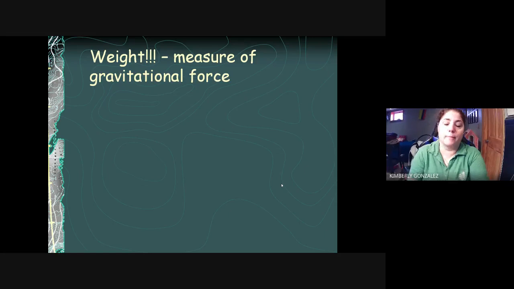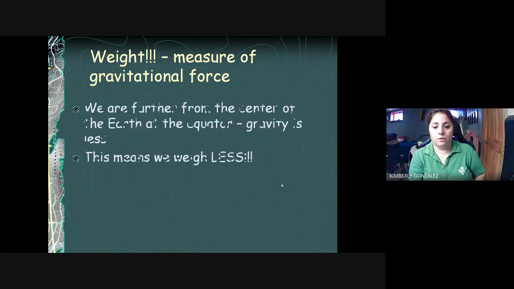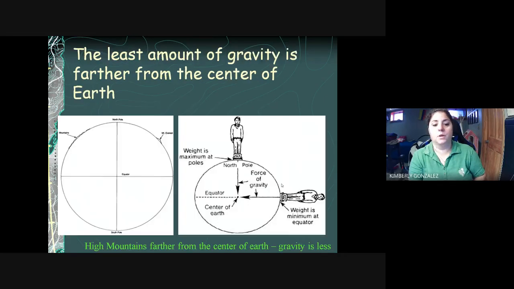Your mass isn't going to change as you move to different places, but the amount of gravity that's pulling you down will. So when you were looking at this, if you were standing at the equator, you are further away from the center of the Earth. If you are further away from the center of the Earth, it means that the gravitational pull is less.